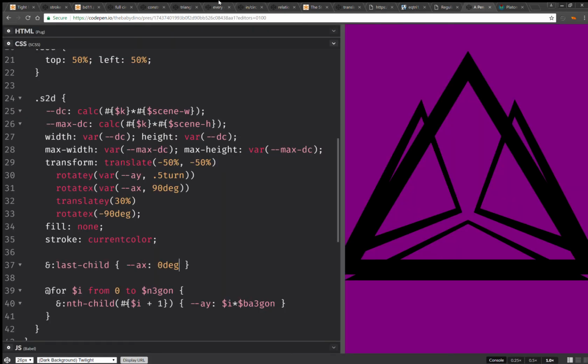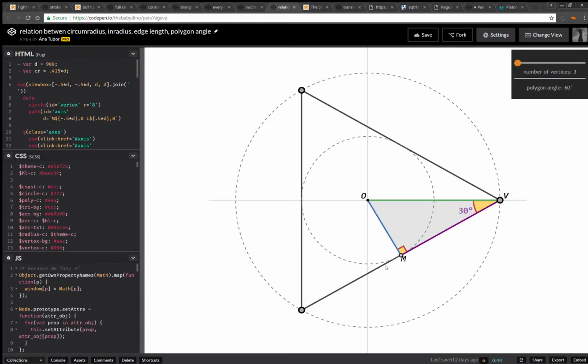So let's see how I can compute that in radius. Here in this triangle, this is a right triangle, OMV. In this right triangle, OM is the in radius, OV is the circumradius, MOV, this is half the base angle, which we know. So cosine of the base angle, of half the base angle, sorry, is the in radius over the circumradius.